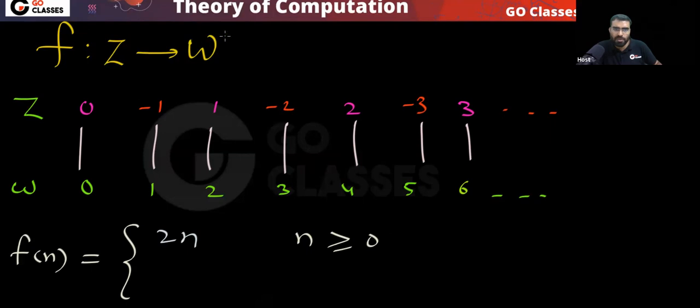Remember, this is from integers to whole numbers. If n is less than 0, what am I doing? For example, -2 is mapping to 3, and -3 is mapping to 5. So I'm doing minus of (n plus 1) by 2.